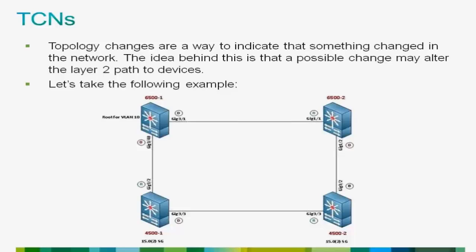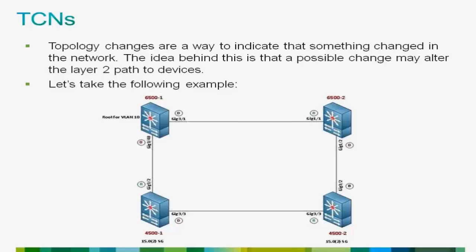So we got the case. Basically, what was happening was the customer was testing certain failure conditions, and what they did was they wanted to unblock the blocked port. So we increased the cost of 4500.02 that is facing 4500.01, so that the previously blocked port, which is gig 3/2, becomes the root port, and the new path will be 6500.01, 6500.02, and then down to the 4500.02.